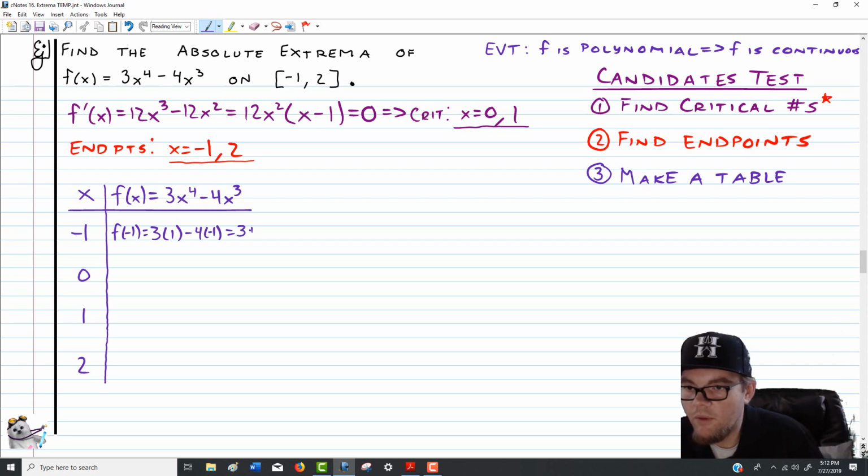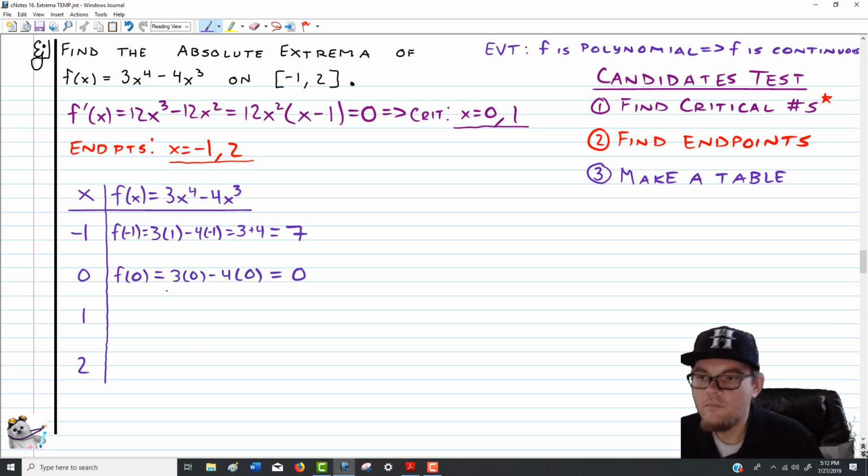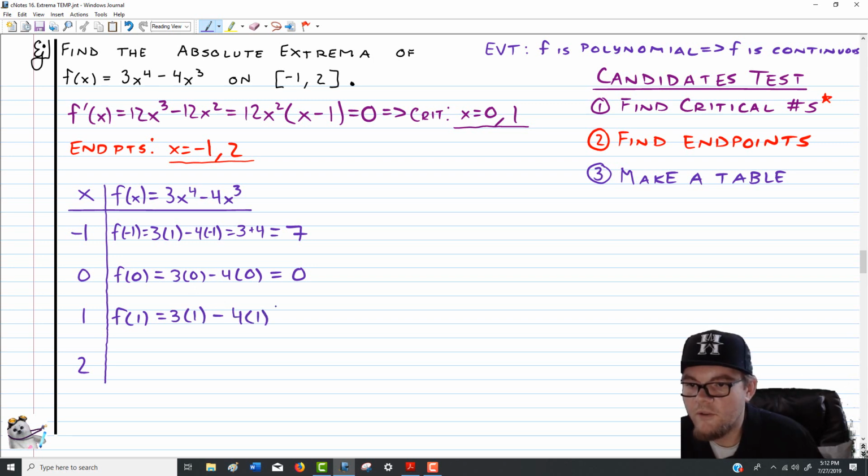That's going to equal 3 plus 4, which is 7. Likewise, if we plug in 0, that's the easiest one. F of 0 is going to equal 0. For the sake of parallelism, I'll do that. If we plug in 1, again, these are pretty easy. You can tell I'm giving you some nice values here. I'm not going to try to burn you on it. We're going to get 3 minus 4 equals -1.